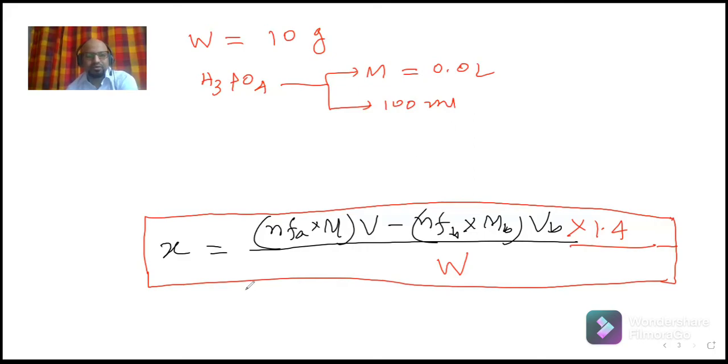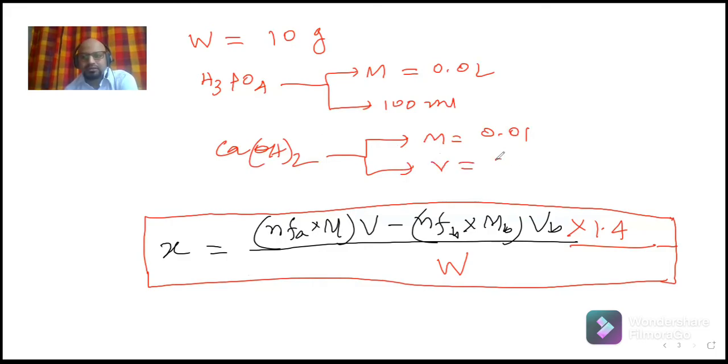Okay, this is your volume. And whatever excess acid will be left behind, you will use calcium hydroxide to neutralize the excess acid, and for that you are using molarity 0.01 and volume is 20 ml. So now you are asked to calculate how much nitrogen is present in the sample.